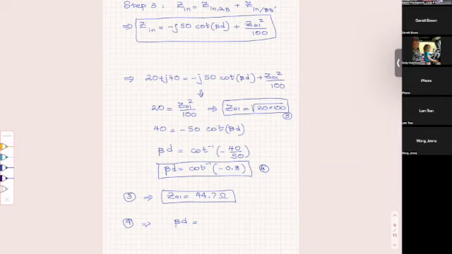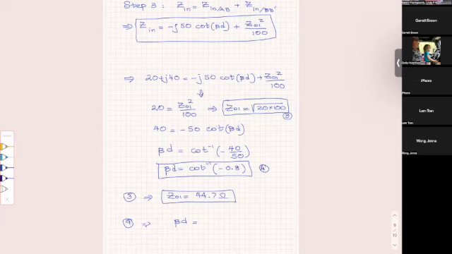Minus 51.34 means plus 51.34 minus, minus 51.34. Let me see. Tangent inverse.